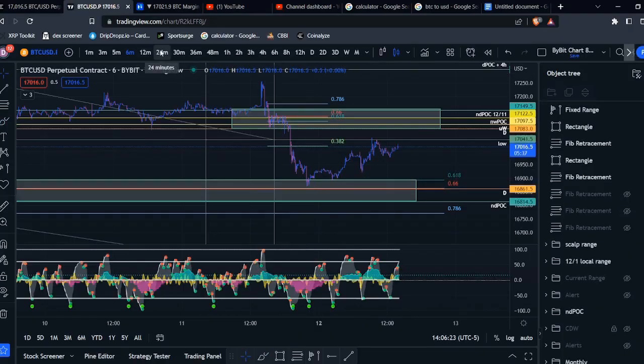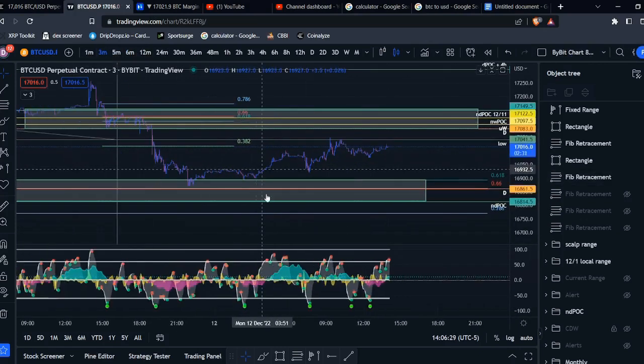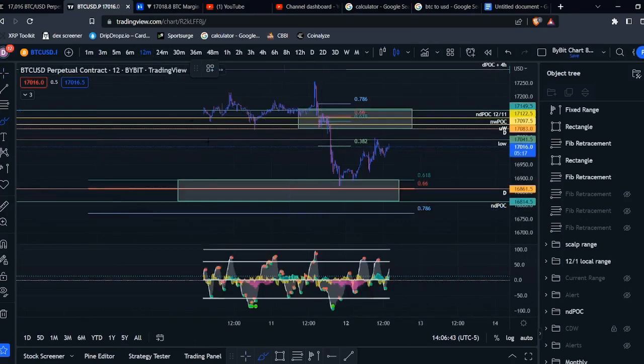But basically just looking at a lot of different time frames, looking at the smaller time frames to try and predict what the larger time frames are going to be looking like, using the momentum waves and the money flow to gauge whether the medium term time frames are going to bottom out soon or not.